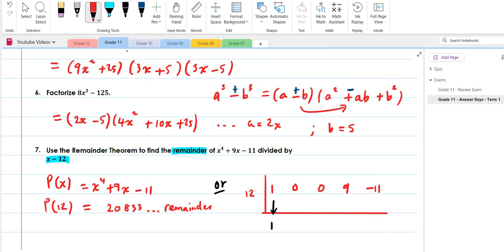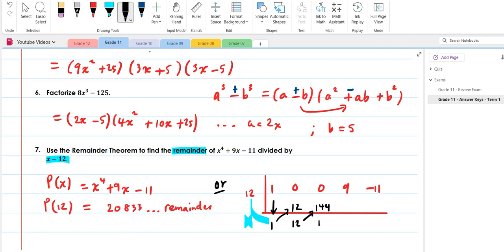So bring down the 1, then we multiply and add. 12 times 1 is 12, put the answer here, and then add them up: 0 plus 12 is 12. Now you start the process again, 12 times 12, so you get 144.